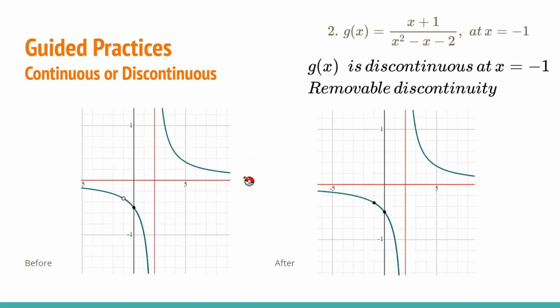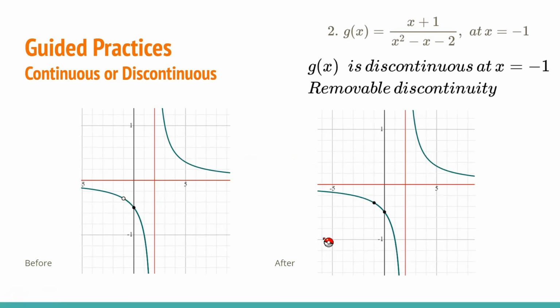By doing that, we are filling the hole in the graph. So before we redefined the function, we could see that at x equals -1, there's a hole around negative 0.333.